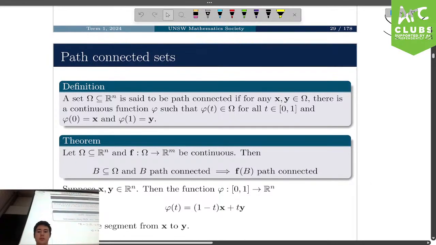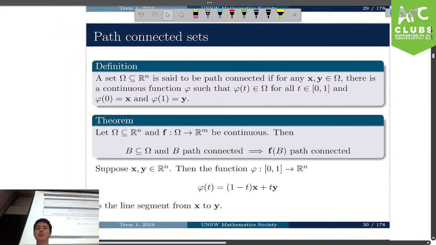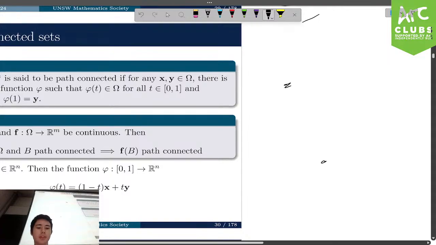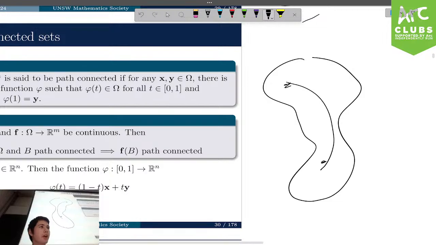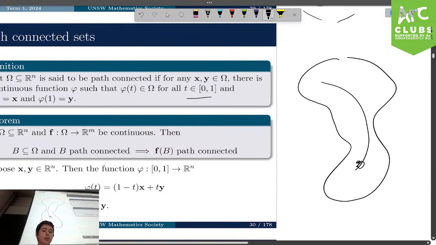Okay. I think this is the last bit. So, path connectedness. Let's hurry this up. Path connectedness determines that, given some point and another point within some manner of set, there is some parameterized function that trails from one point to another through our time parameterization.